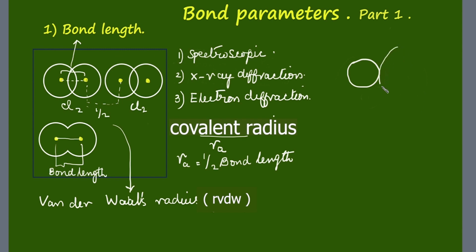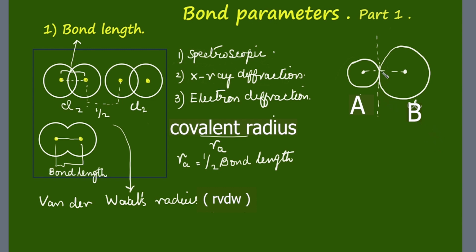Consider a molecule formed between two dissimilar atoms. One is small and the other is slightly large. These are their concerned nuclei. The small atom is marked A and the big atom is marked B. Here also, the distance between the centers of these two nuclei will be the bond length. In this case, half of the bond length is not the covalent radius because the size of the atoms are different.